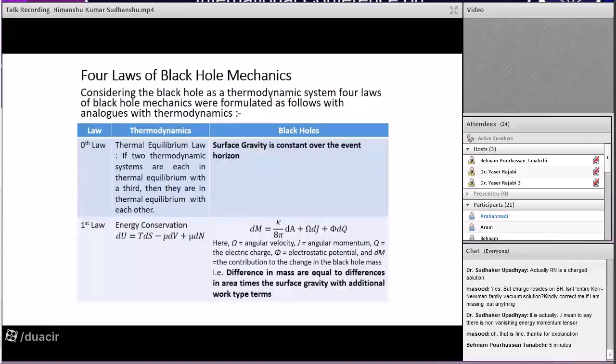That is, the difference in mass is equal to the difference in area times the surface gravity, with additional work-type terms in the black hole system.